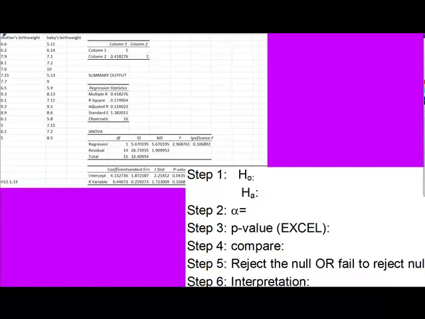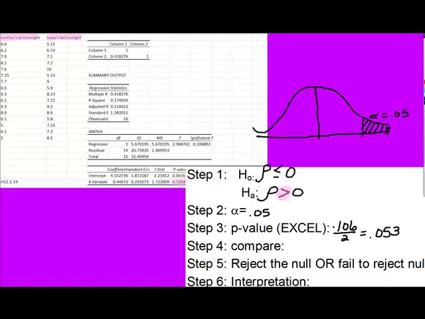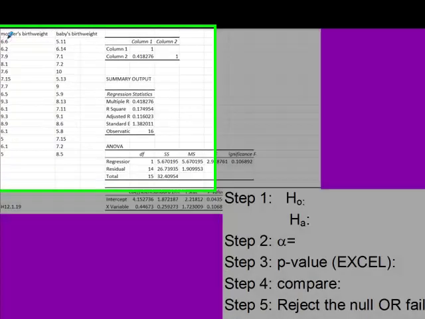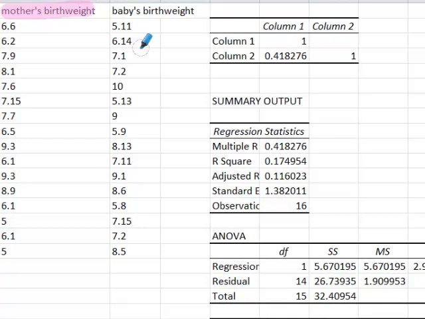I want to see if there's a relationship between a mother's birth weight and her resulting baby's birth weight. If the mother is large at birth, will the baby be large at birth?